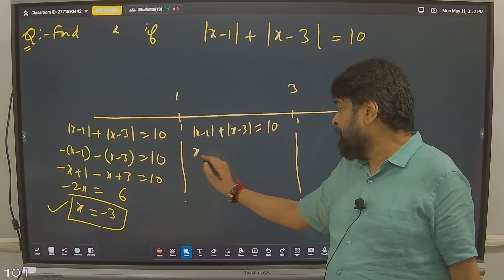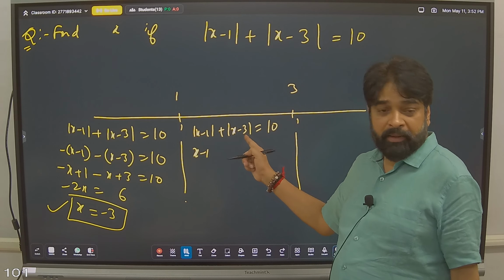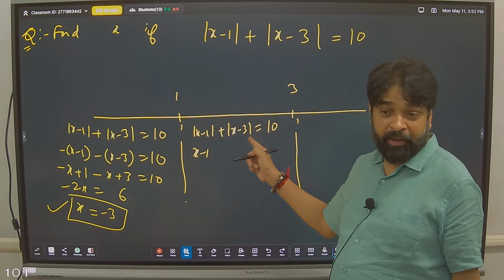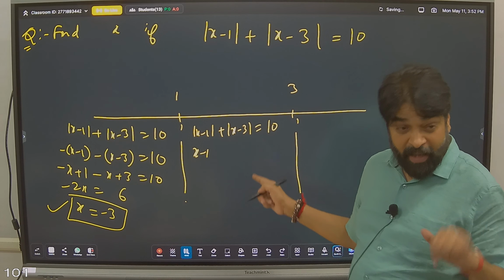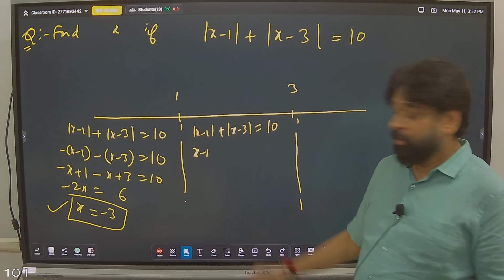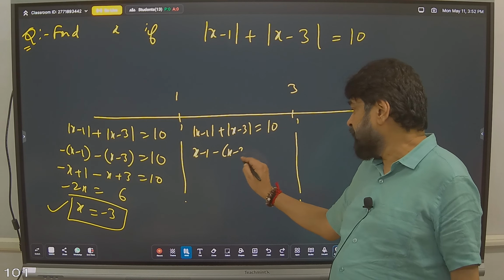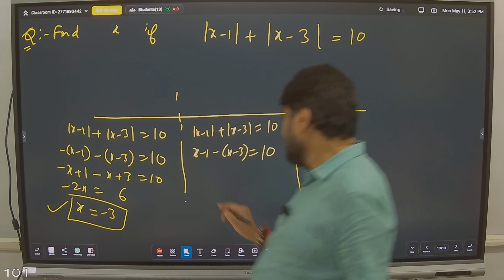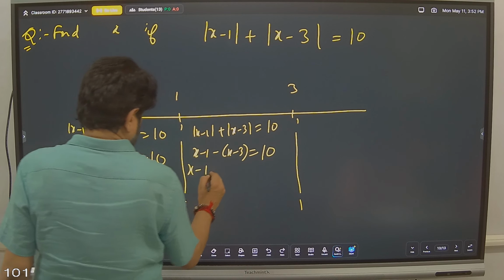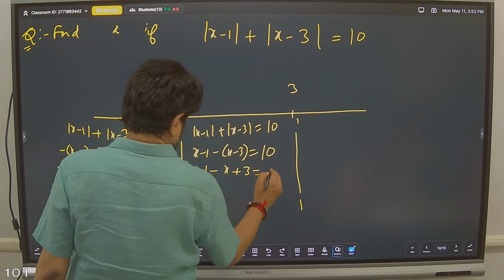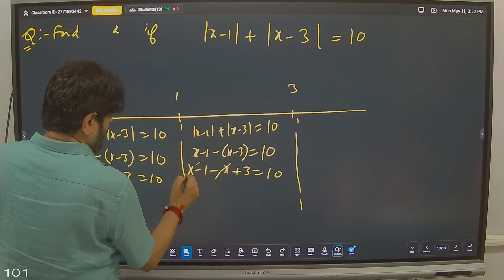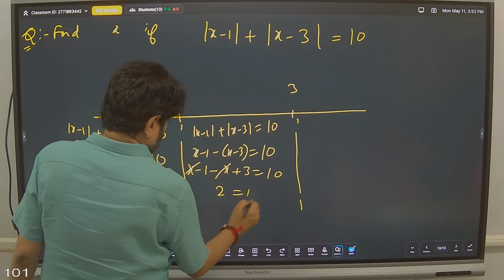So this will become x minus 1. This will be positive or negative? So mod removed but with a minus sign. So minus of x minus 3 is equal to 10. So what will come? x minus 1 minus x plus 3 equal to 10. x cancels out. 2 equal to 10.